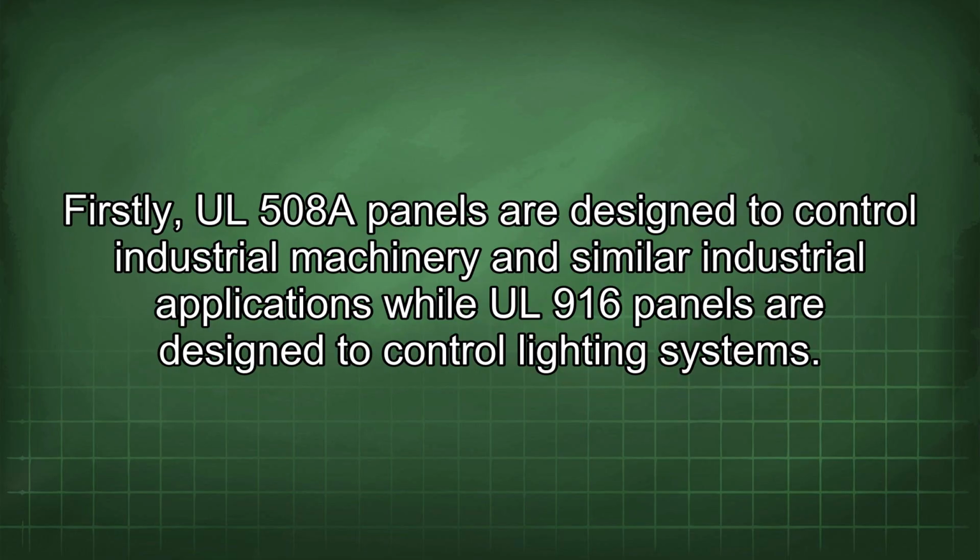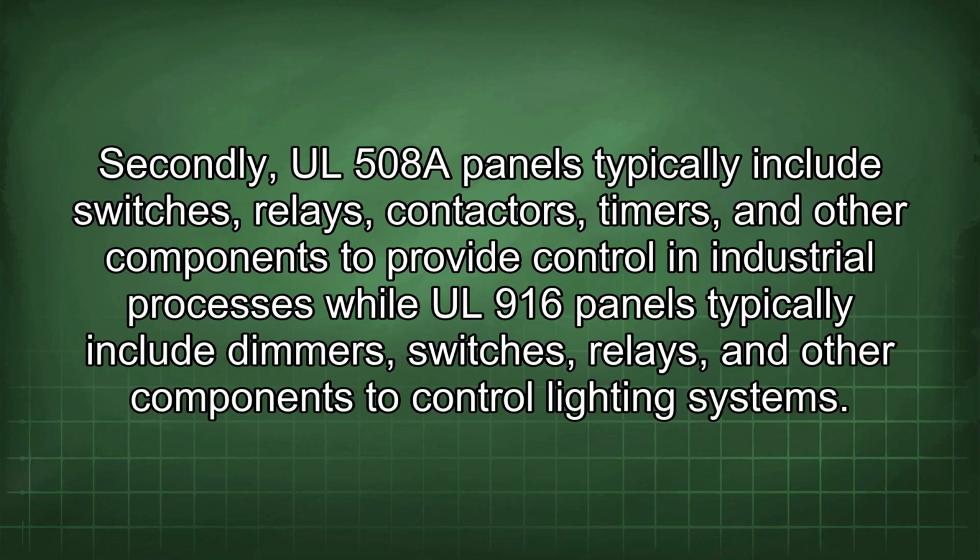Firstly, UL 508 panels are designed to control industrial machinery and similar industrial applications, while UL 916 panels are designed to control lighting systems. Secondly, UL 508 panels typically include switches, relays, contactors, timers, and other components to provide control in industrial processes, while UL 916 panels typically include dimmers, switches, relays, and other components to control lighting systems.